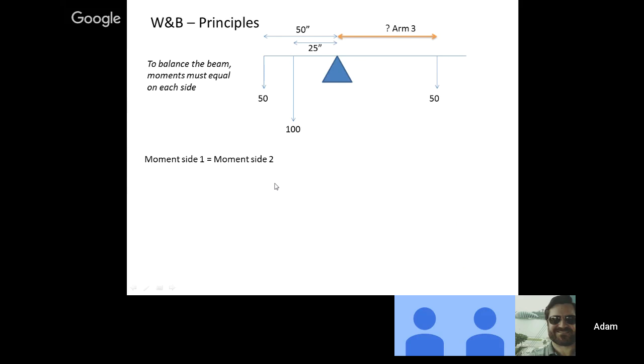So just walk through this example. Moment 1 equals moment 2, which of course means force times arm for 1 and force times arm for 2 added together, since they're on the same side of the fulcrum, must equal force times arm for 3.